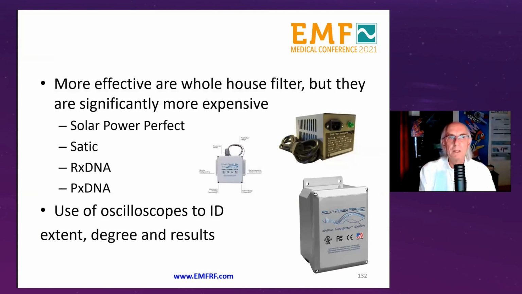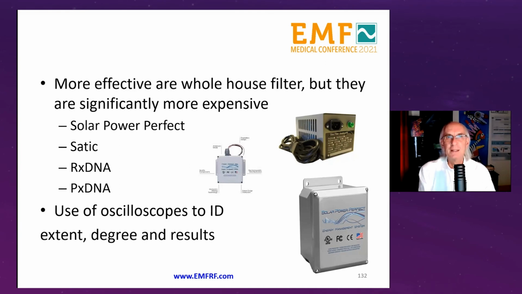Okay. What is a more effective way is to actually have a whole house filtration system. So there are boxes which one can purchase, which are then installed as close as possible to the electrical panel. And there are different manufacturers here. Again, there are different opinions out there. There is no standardized testing procedure, no standardized evaluation procedure at this point in time for dirty electricity.